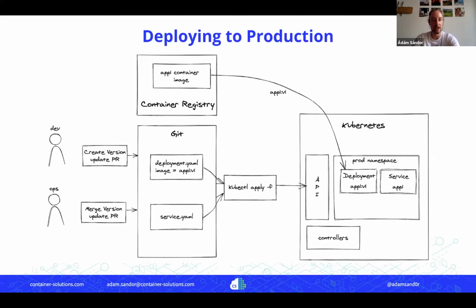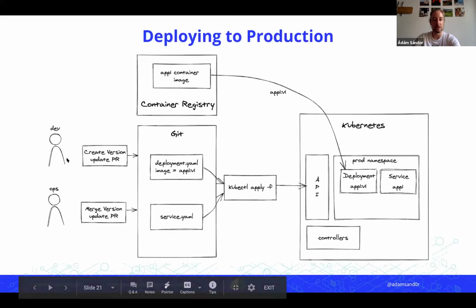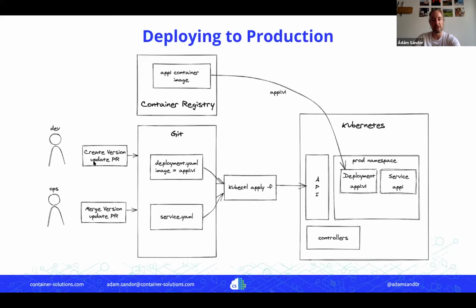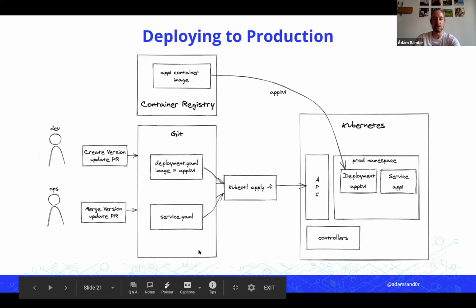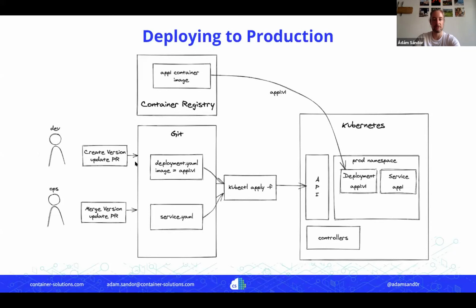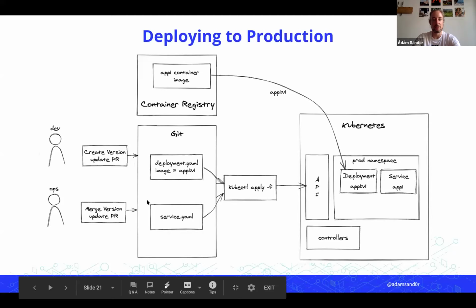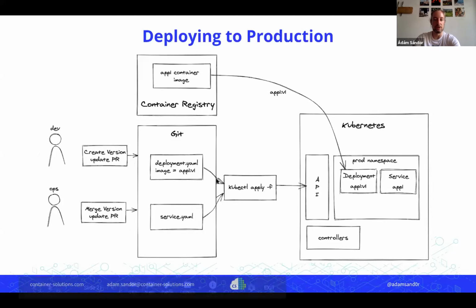this process. And the simple solution is, with GitOps, you can simply say that developers will be creating a pull request on the production environment Git repo, on the Git repo which represents the intended state of the production environment. And then operations people are the ones who are responsible for approving pull requests to this Git repo.